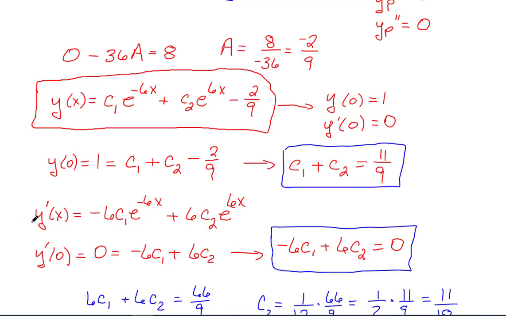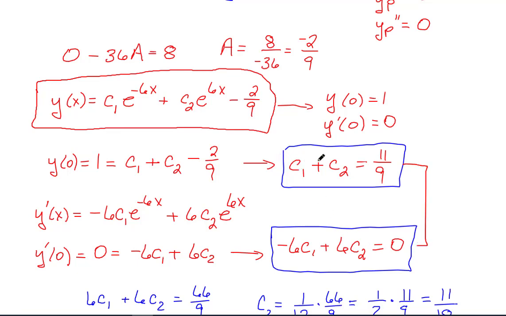I calculate the first derivative of my general solution. Plug in 0. According to the initial condition, y prime at 0 is supposed to be 0. And so I get minus 6 C1 plus 6 C2 is 0. So I have a system now of two equations and two unknowns.